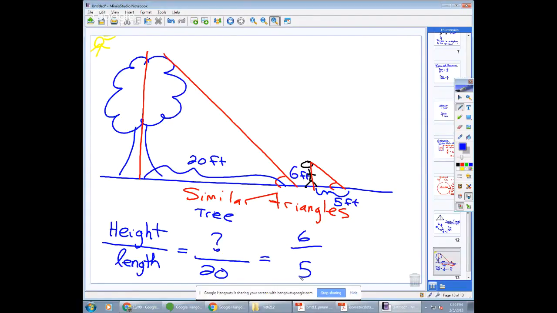So as long as I establish what kinds of things go in the numerator and what kinds of things go in the denominator, I can now come up with the height of the tree if my other measurements are okay. So, come up with the height of the tree. 24. 24? Yeah. So we'll look at that in a couple of different ways.